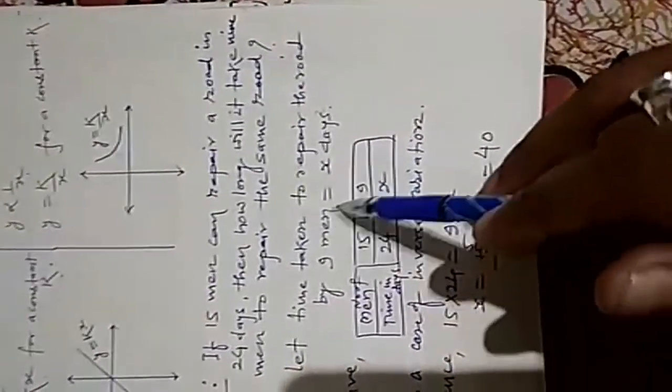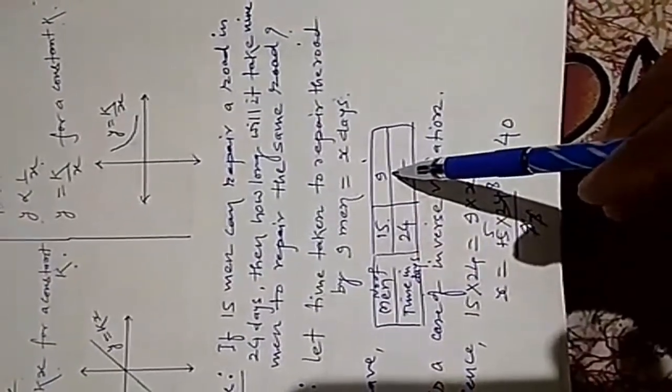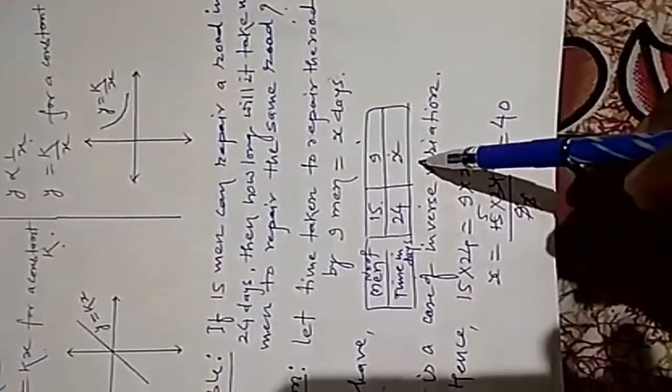Let time taken to repair the road by 9 men be x days. Then we have in the given table number of men 15, time taken 24 days, and 9 men x days.